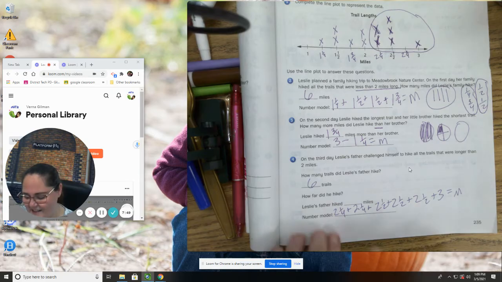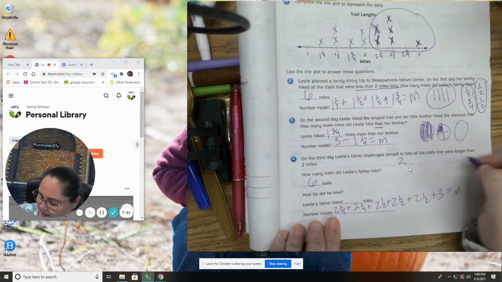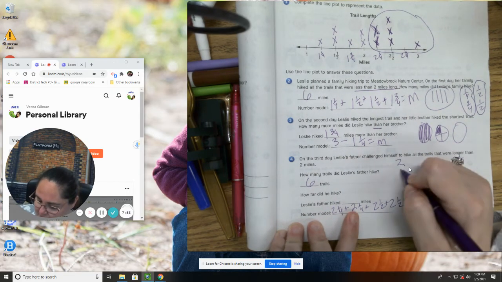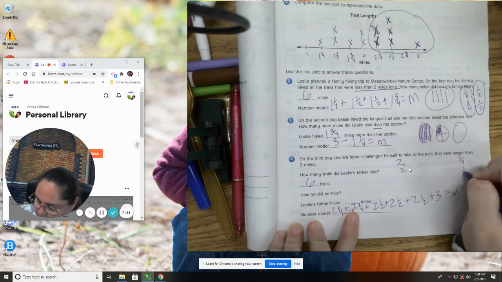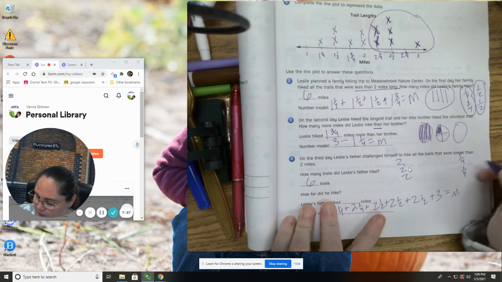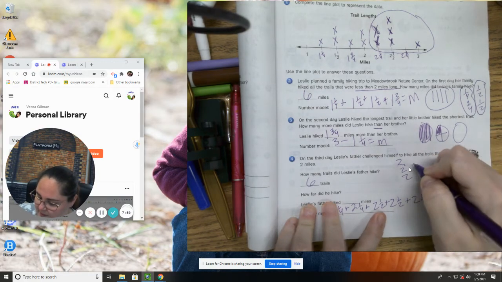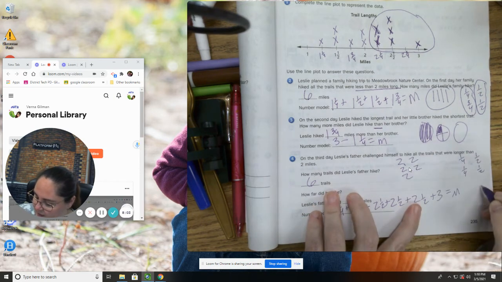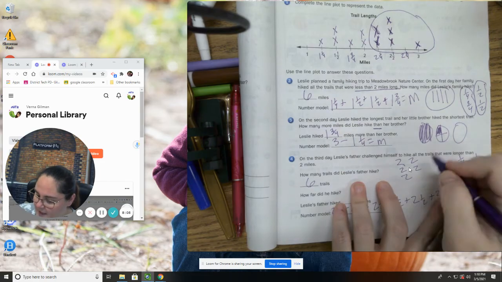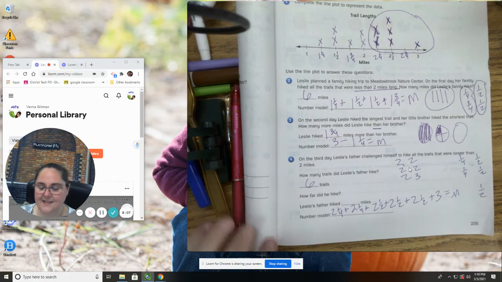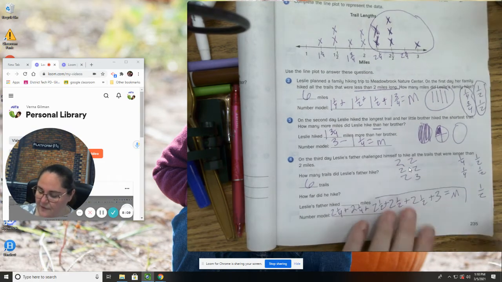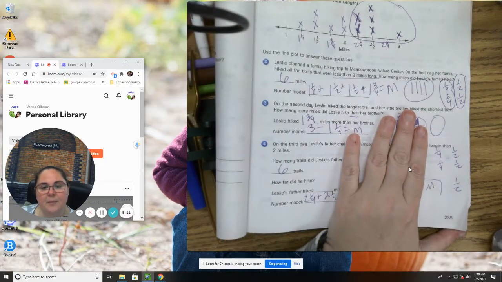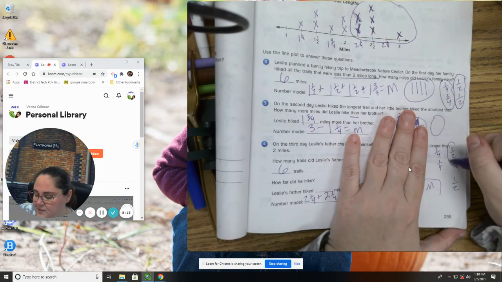All right, here we go. 2 1/4. 2 1/4. 2 1/2. 2 1/2. 2 1/2. And 3. That's how I do my work. I look right here first. So let's go to my numbers over here. I know 1/2 plus 1/2 is a whole.